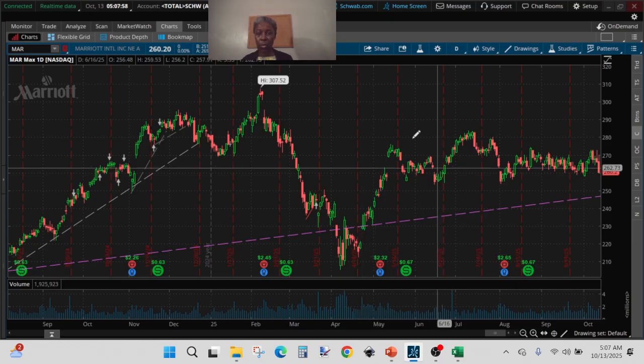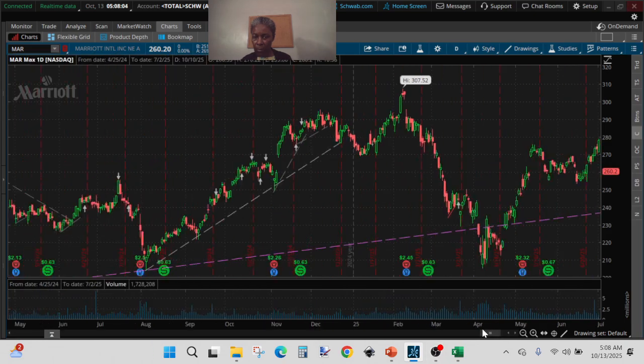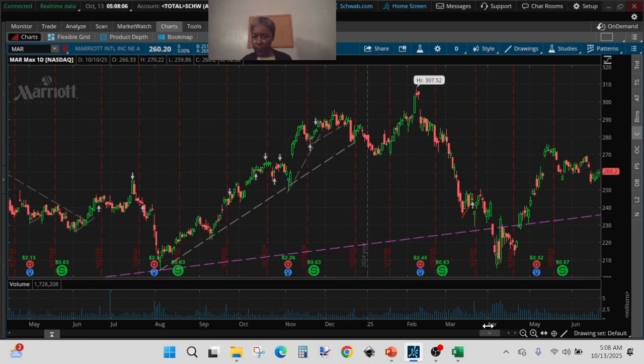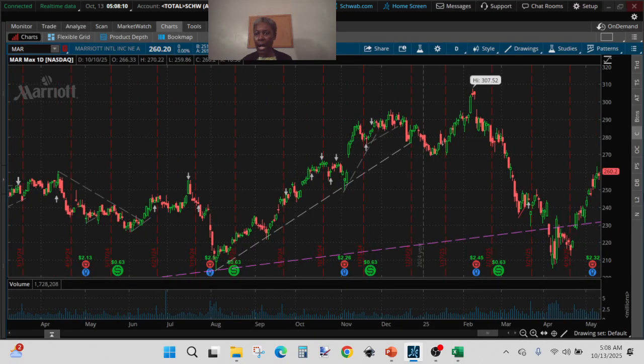So let's say you come across these stocks around this area, for instance. Well, that is one higher low, that is two, and this is the third one there that is higher.